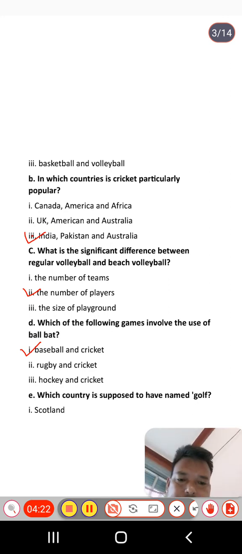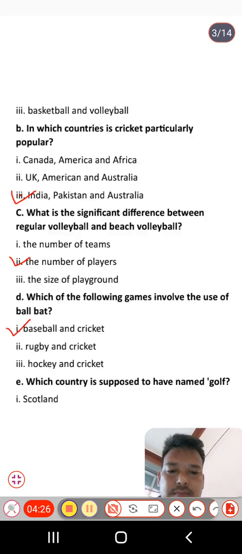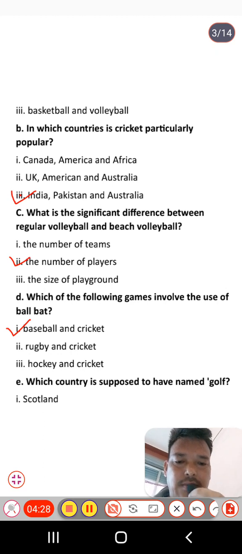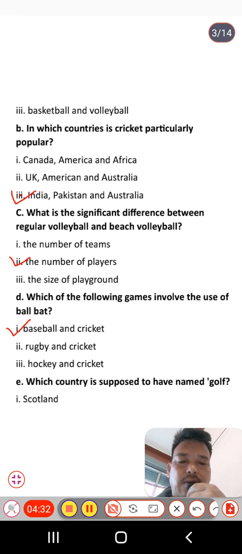And B, in which country is cricket particularly popular? So its right answer is number 3, India, Pakistan, and Australia, where cricket is particularly popular.